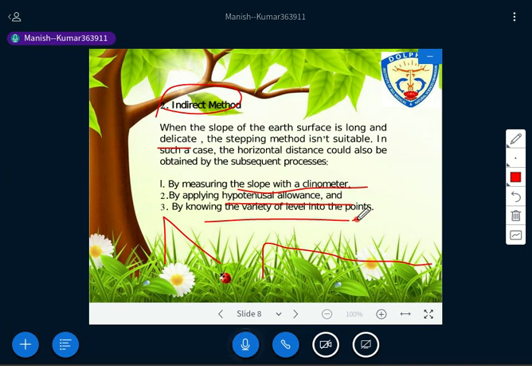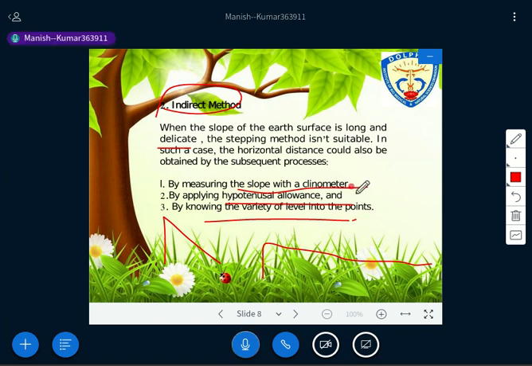The thing you have to understand, as I told you, is that the slope is long and gentle. This is the only difference from the direct method. In the direct method the slope is extremely steep; in the indirect method the slope is long and gentle. So there are three methods applicable, you can use any method there, and things can be simplified, right?